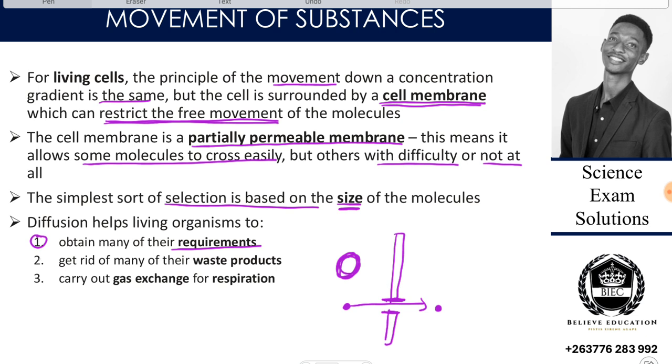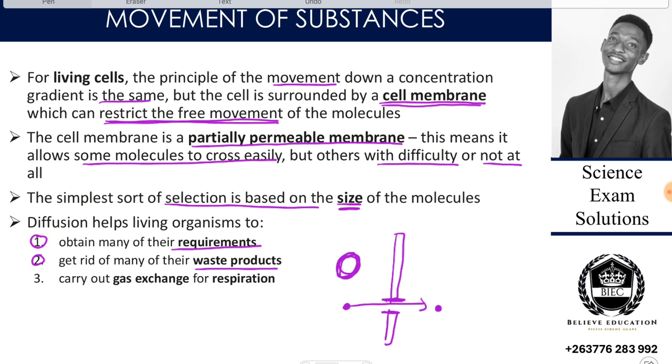Then number 2, diffusion helps organisms to get rid of many of their waste products. Let's say, for example, a baby is in the mother's womb, the mother is pregnant. The baby is given food and stuff, then the baby will also produce waste products. Those waste products need to be transported outside the baby.